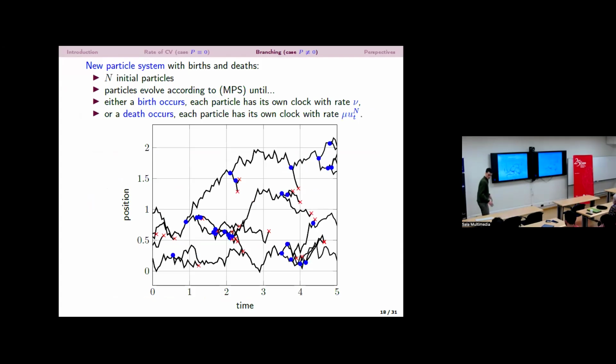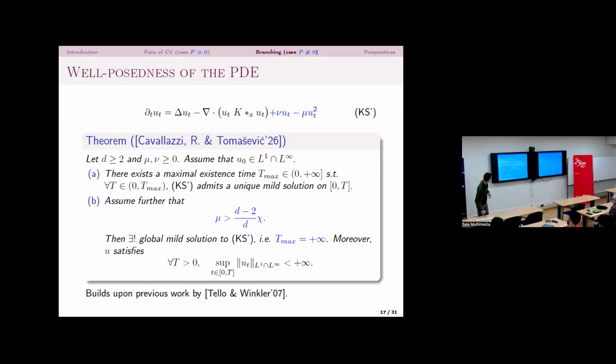Okay, so let's try to interpret this at the level of the particles. Like I said, this term means really that you add mass to the system. This is quite classical for particle systems. We'll interpret this as bursts of particles at some rate nu.